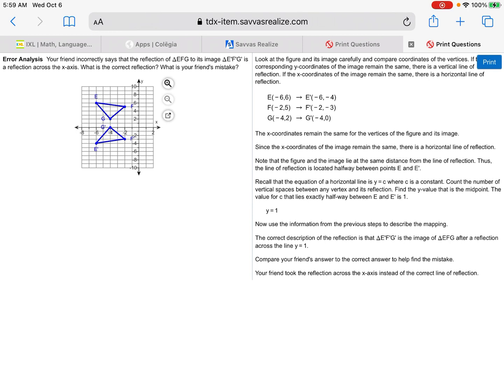Okay, well, I think we answered both. At the very bottom it says, compare your friend's answer to the correct answer to help find the mistake. Your friend took the reflection across the x-axis instead of the correct line of reflection. Okay, so the friend says that it's across the x-axis, but it's actually across the line y equals 1.